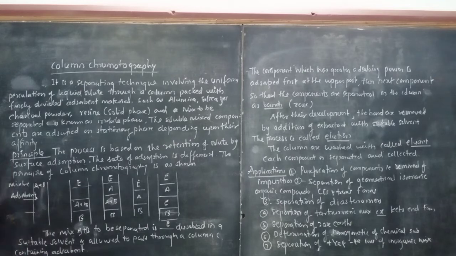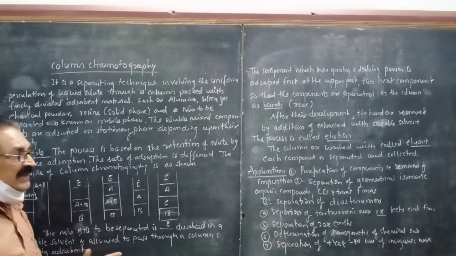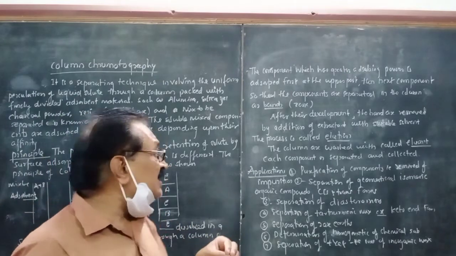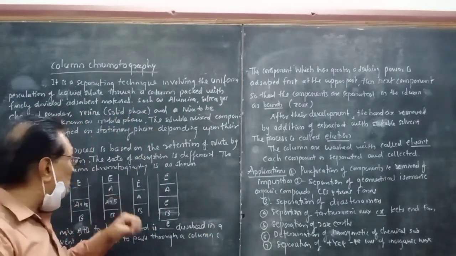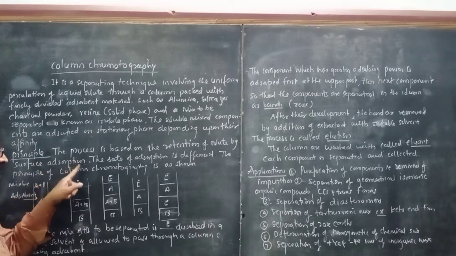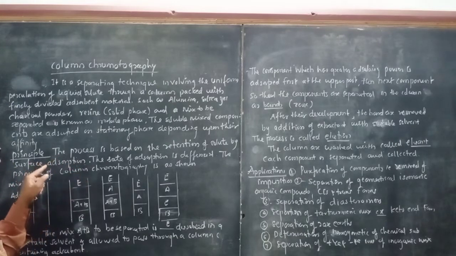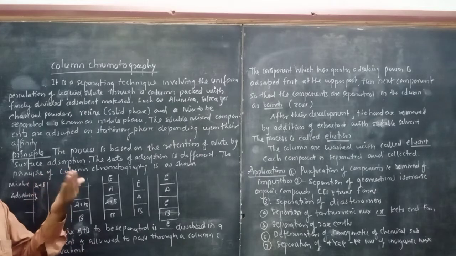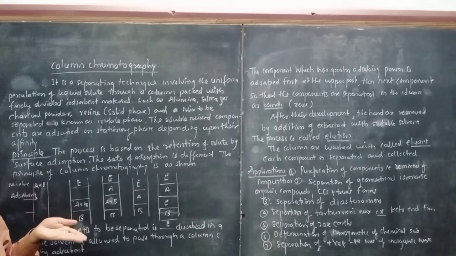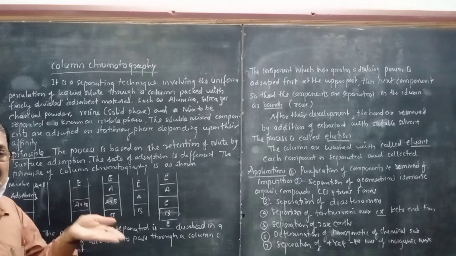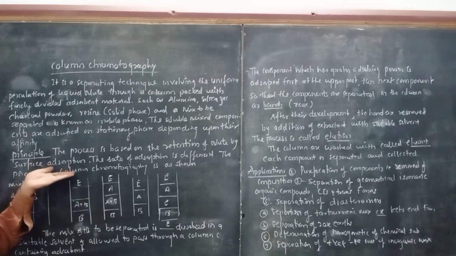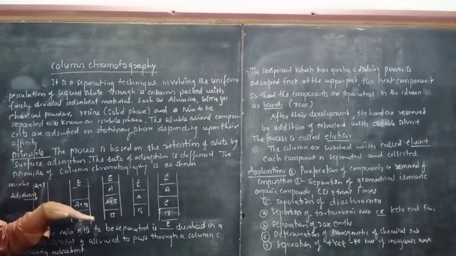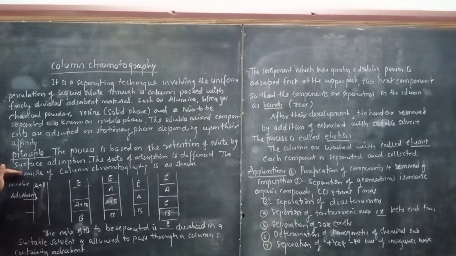The principle here is that the process is based on the retention of the mixture of solutes on the surface of the adsorbent, and the adsorbent is the stationary phase. Over the stationary phase, the adsorbate, here the mixture of components, is retained, meaning it stays on the solid stationary phase.